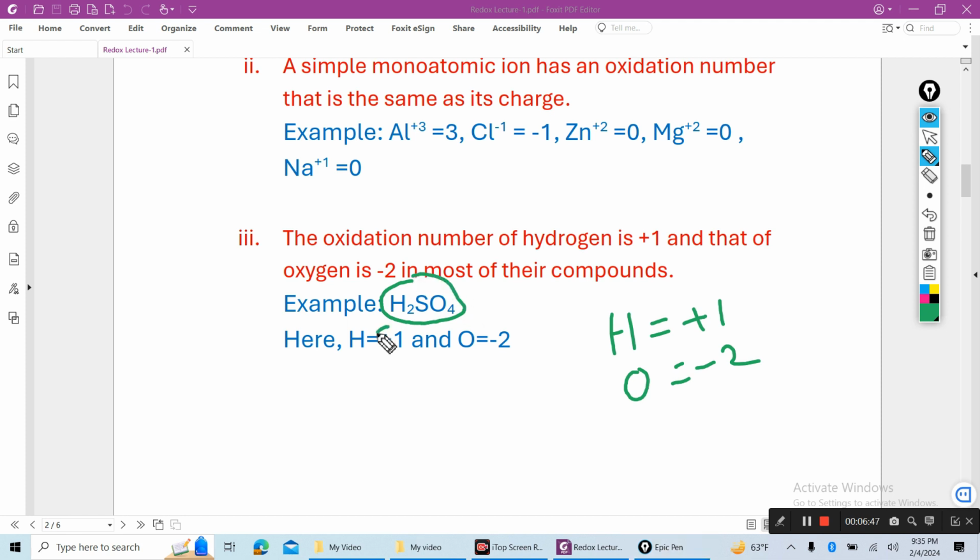Here hydrogen is +1 and oxygen is -2. Water is a compound. Here hydrogen oxidation number will be +1 and oxygen oxidation number will be -2. These are the 3 rules for oxidation number.